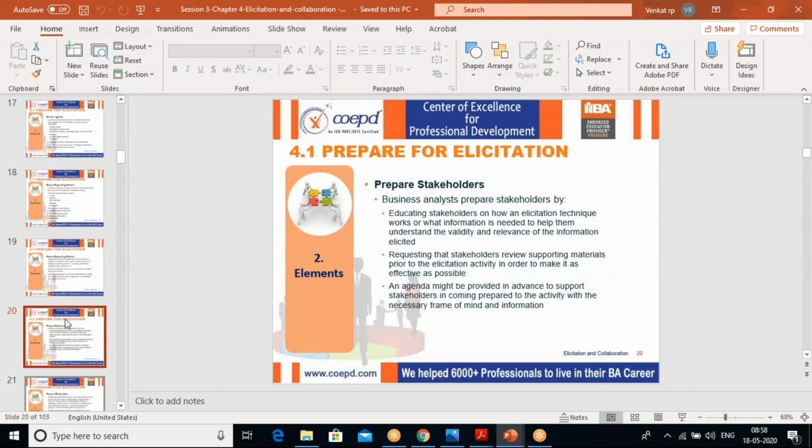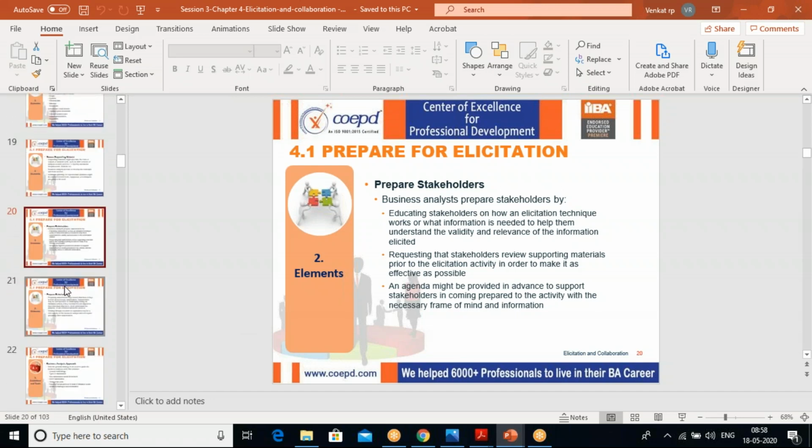Okay. Next, we have to prepare the stakeholders for the elicitation. Now this is an important phase which we have to consider. Because if the stakeholders are not prepared to give you the requirements or to share that information with you, then all the attempts you make all go waste.